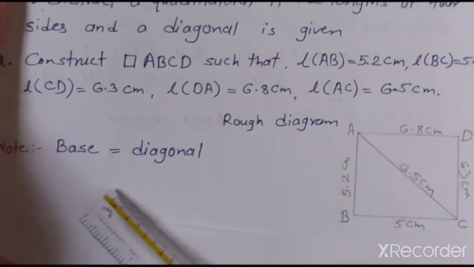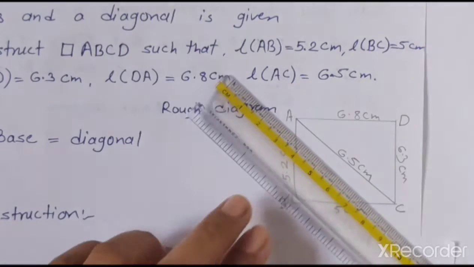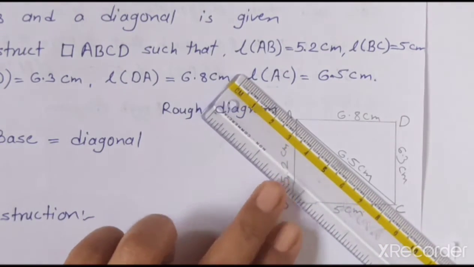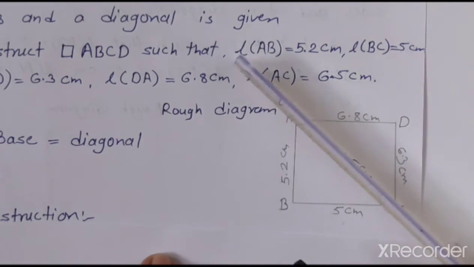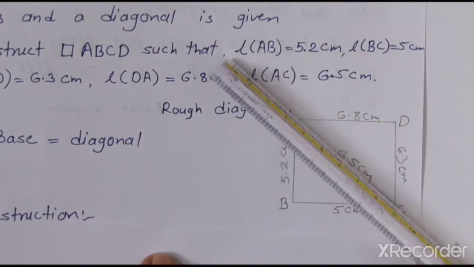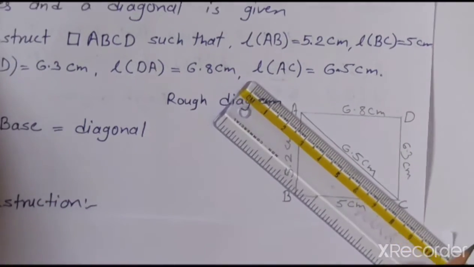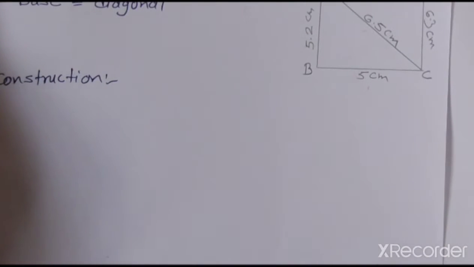Here we select this base as a diagonal. So we will first construct this base AC. Due to this diagonal, this quadrilateral is divided into two triangles. So we will first construct this upper triangle. Let's construct its base AC, which is equal to 6.5 cm.